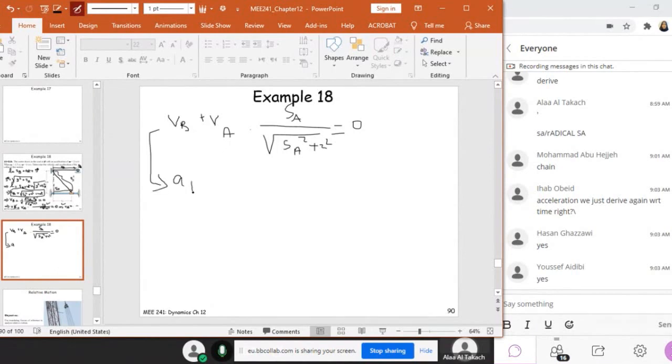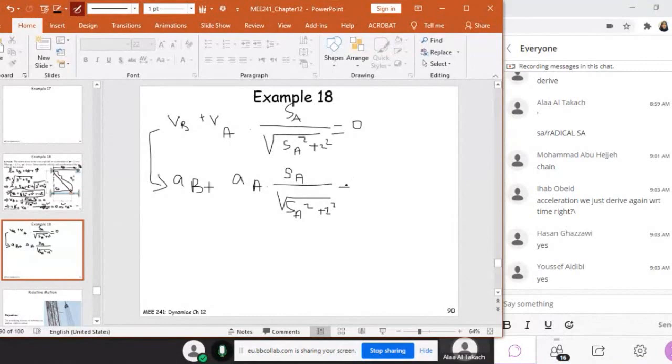So this is AB, right? Then I'm going to do the chain rule. I'm going to start by the first term here, which is VA. So VA will be, or AA, VA times SA over radical SA squared plus 2 squared.